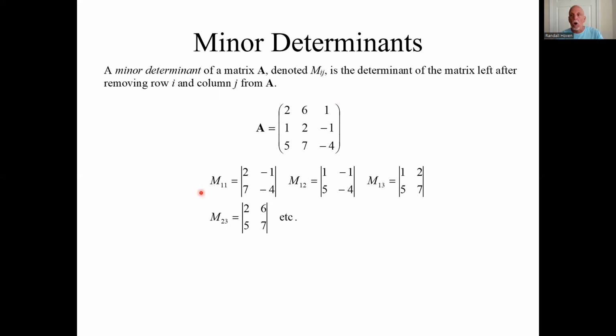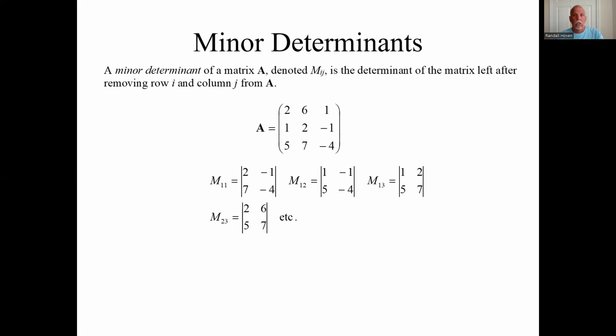The 1, 1 minor determinant, M sub 1, 1, is the determinant after you remove the 1, 1 term, that's row 1 and column 1. So the remaining matrix would be 2 minus 1, 7 minus 4. Then do that determinant, which would be minus 8 plus 8, I guess.